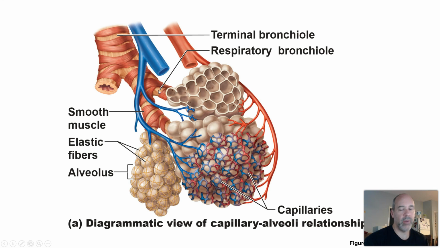So those are going to be our smallest bronchioles. Those are leading to alveolar ducts, which this diagram actually is not showing us, but a respiratory bronchiole is going to lead to a small air passage that then carries air to the alveoli.